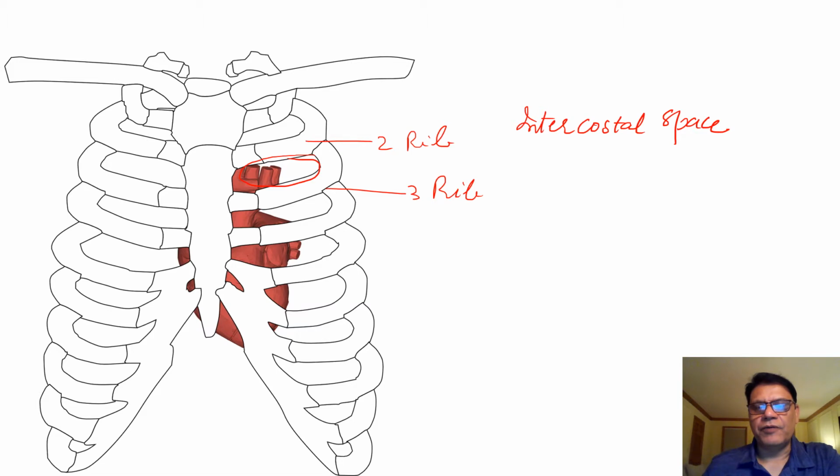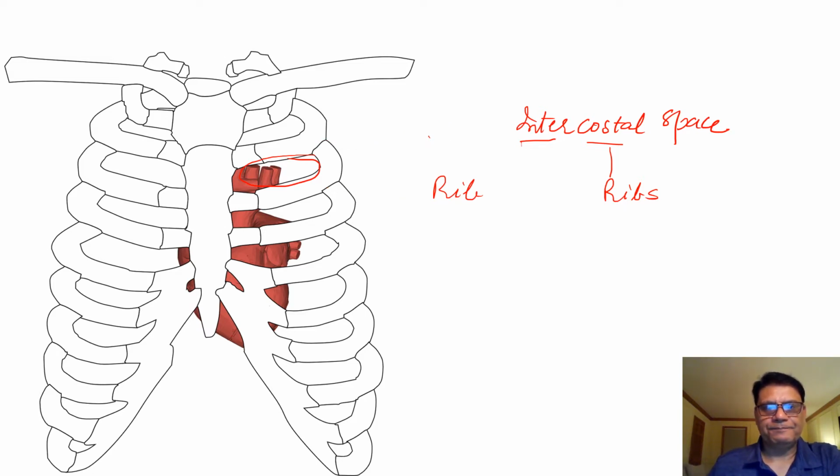Inter means between, and costal means ribs. So the space between the ribs is used to image the heart. And the heart is located between the second rib to the fifth intercostal space.